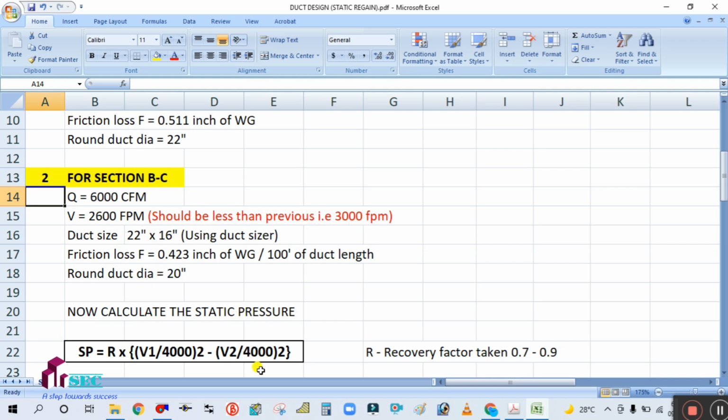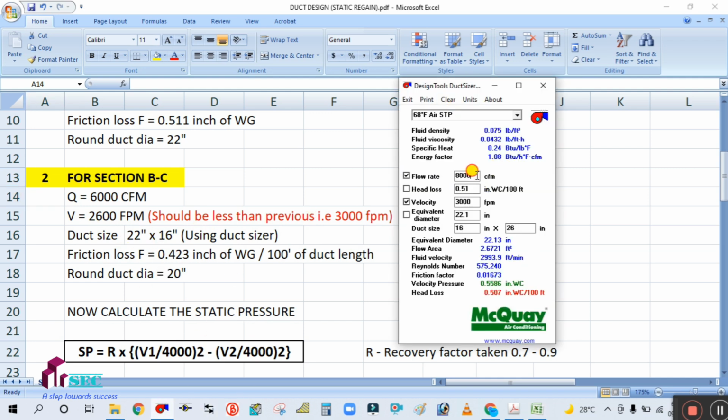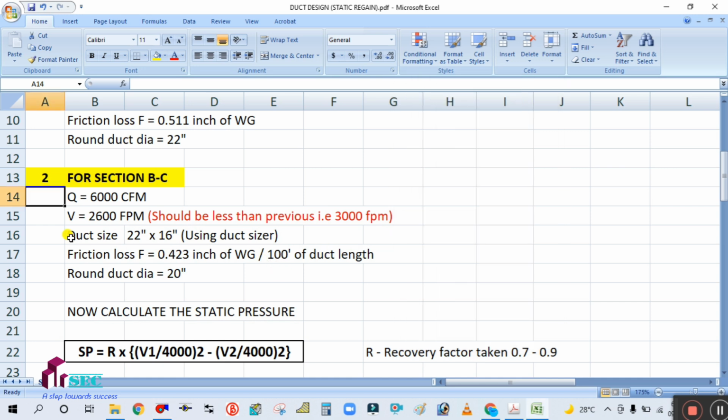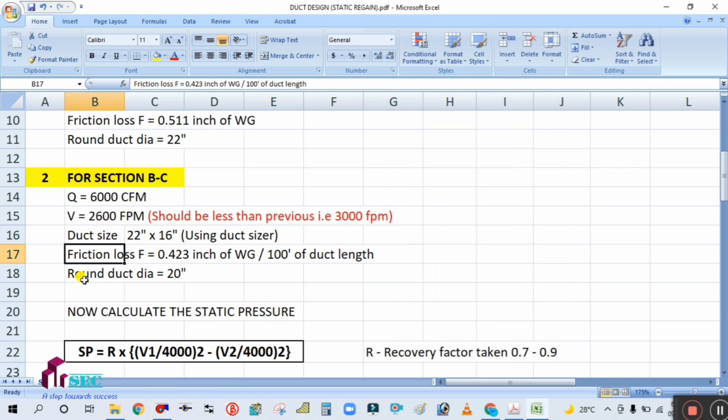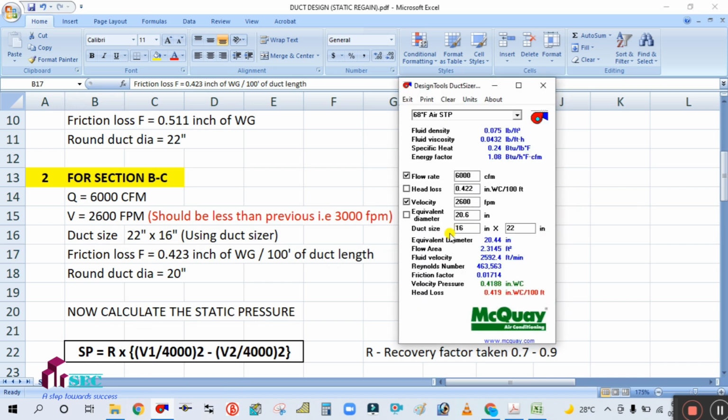Enter these two values in the duct sizer program, 6000 and 2600, then check the duct size. You can see the duct size is 16 by 22 inch, the friction loss is 0.422 inches of water gauge per 100 feet of duct length, and the round duct diameter is 20 inch.